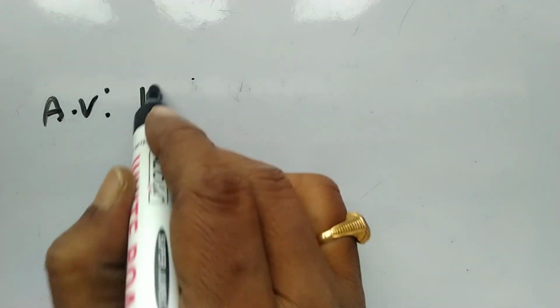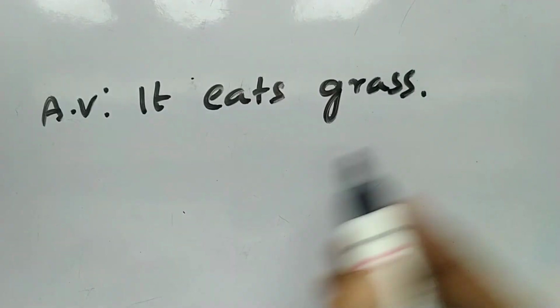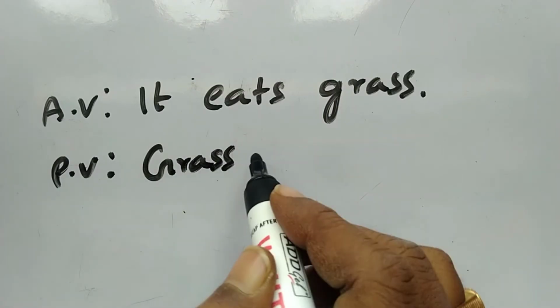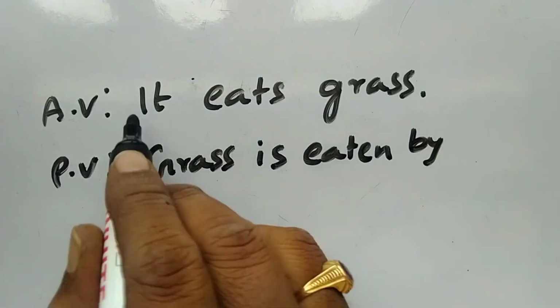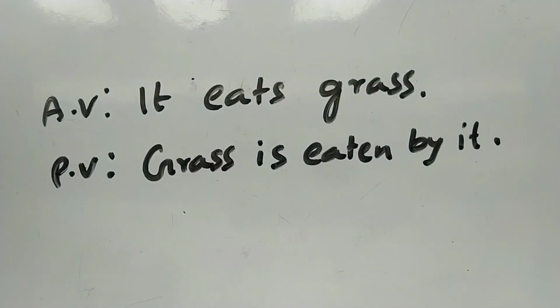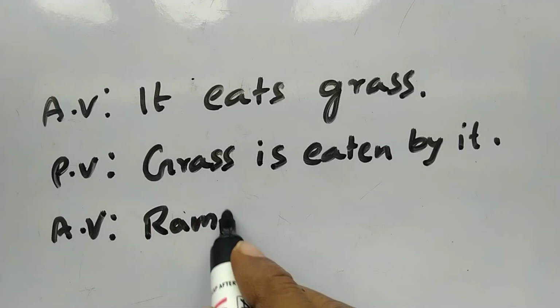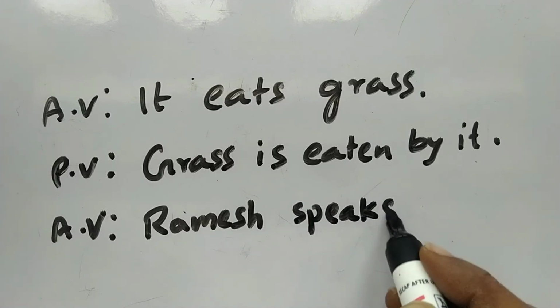Next, it eats grass. Passive voice: grass is eaten by it. It becomes it. Next, Ramesh speaks Tamil.